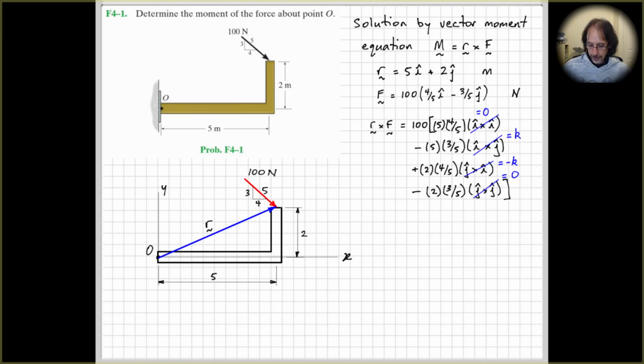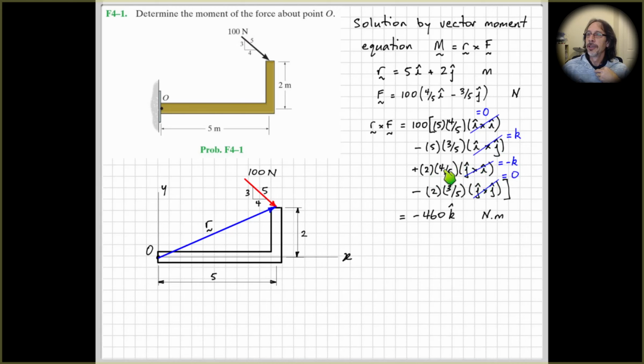All right, so having done that and doing our maths, we get minus 460 times k. I said before that the cross product takes care of whether it's a positive or negative moment. So we don't have to look at each thing in turn. We can just allow the cross products, if we do them properly, to tell us whether it comes out to be positive or negative. So here we've got 4/5.